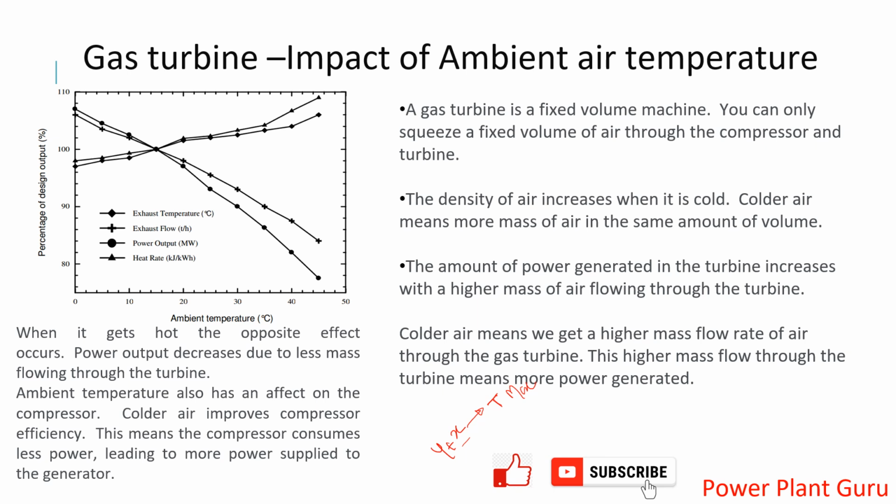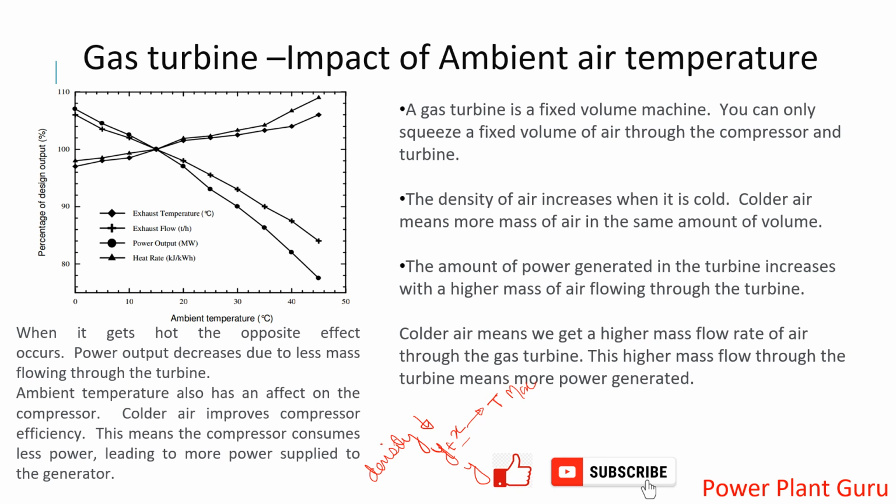Now, let's say the ambient air temperature is increased. What will happen? The same volume of air which was earlier pushed into the turbine with X quantity of fuel to maintain T temperature, this Y will not go, because in the same volume the air density has decreased due to high temperature.